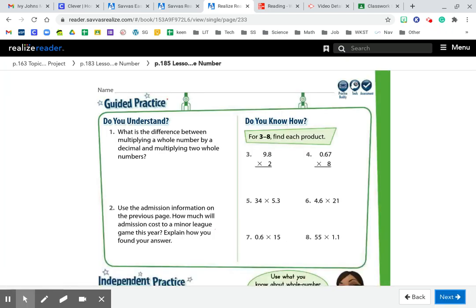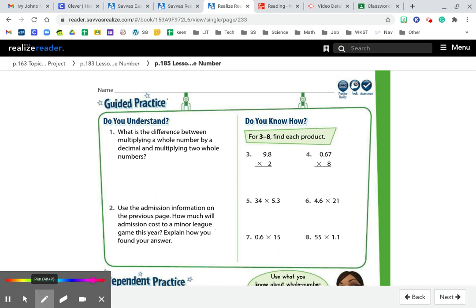What is the difference between multiplying a whole number by a decimal and multiplying two whole numbers? Well, remember when you're multiplying by anything that's less than 1, you're going to have an answer that's less than the original factor.